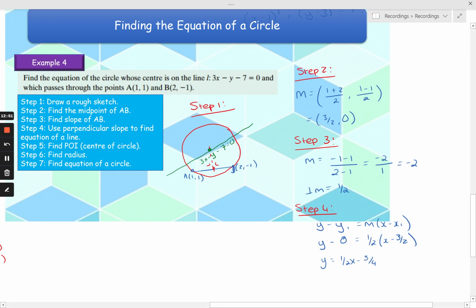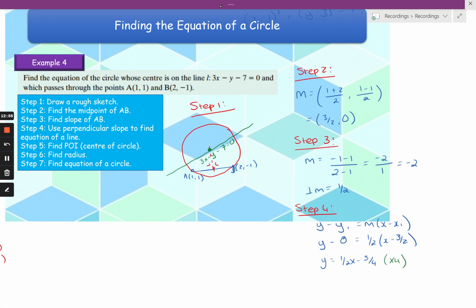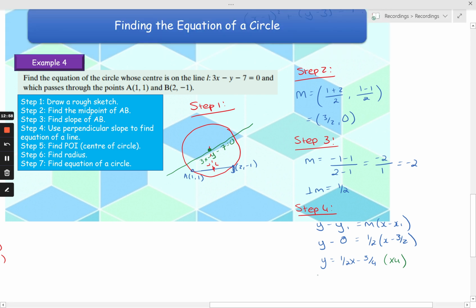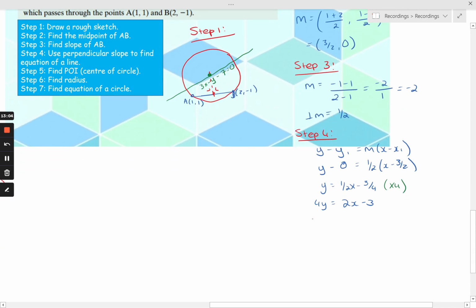I'm going to multiply everything by 4 to get rid of those fractions, which means I'm going to have 4y is equal to 2x minus 3. I'm going to bring my 2x over, so I get minus 2x plus 4y is equal to minus 3.